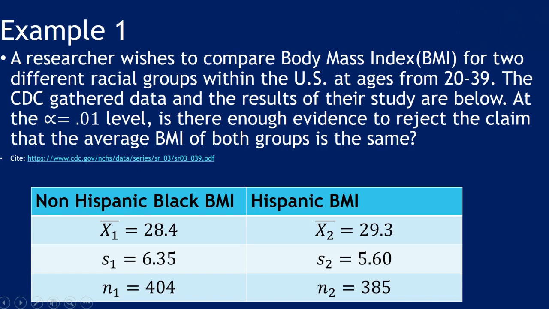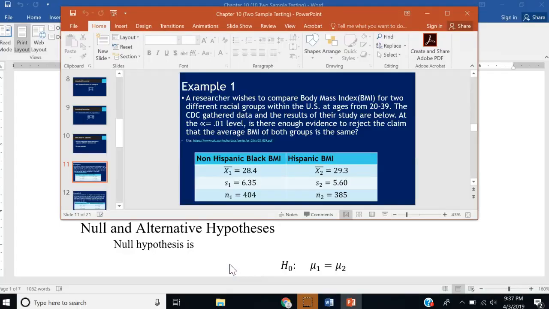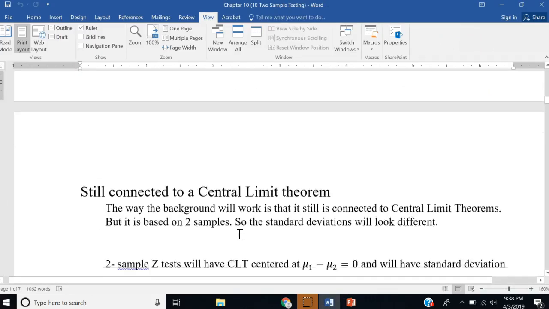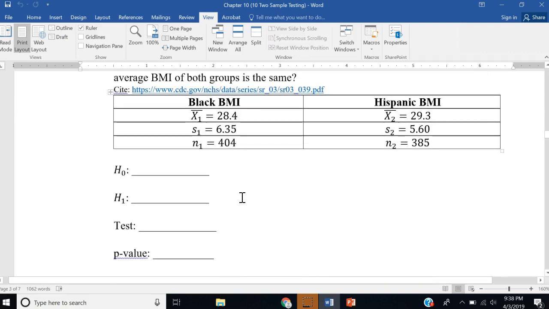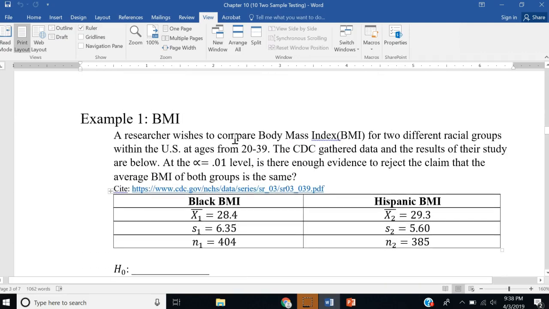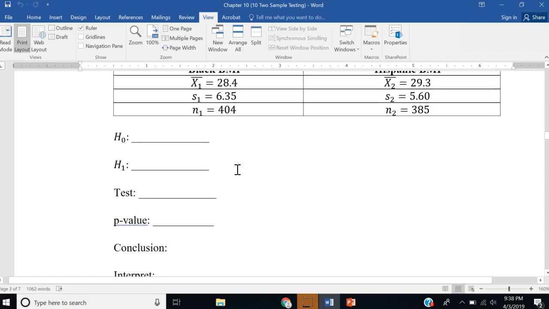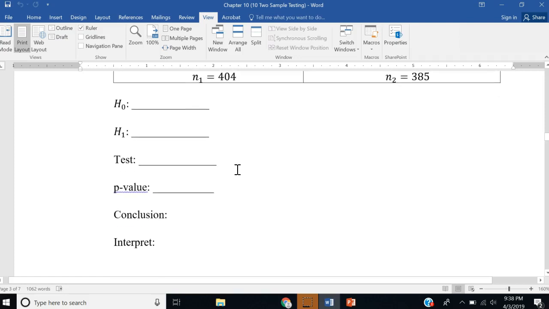Now, before we actually get into the t-test, the one thing I haven't done yet is set this up. I want to show you that we're utilizing the t-test and why. But let's start setting this stuff up. How are we going to set this up? The null hypothesis, alternative hypothesis, and the test we're going to use, all of this layout is the same layout from Chapter 9.